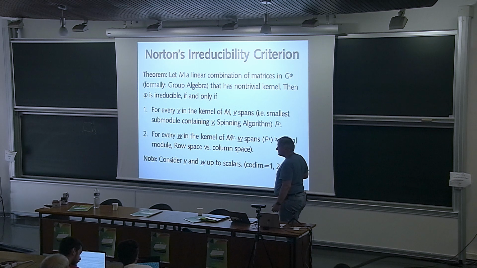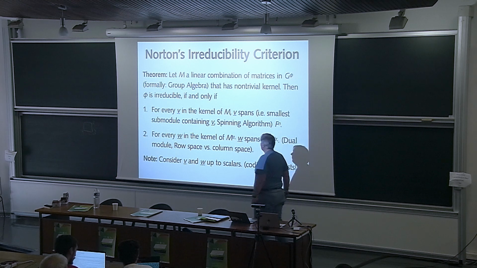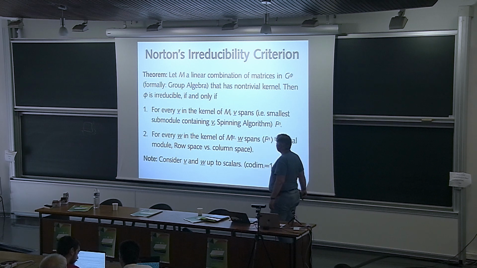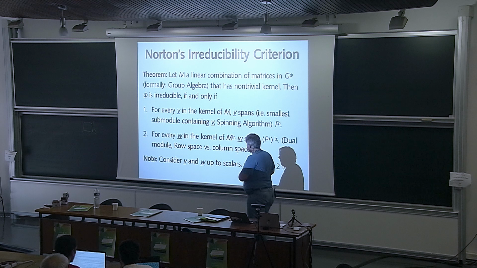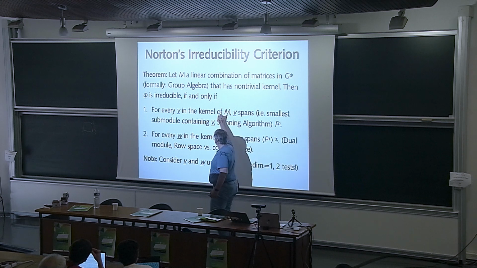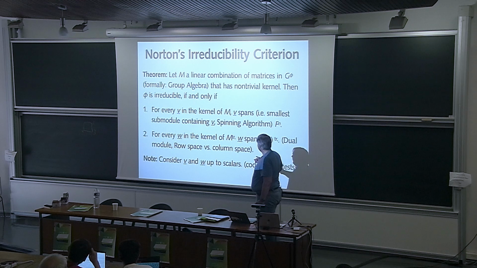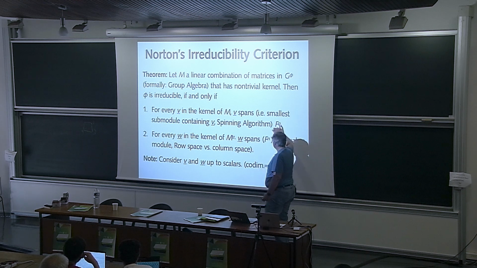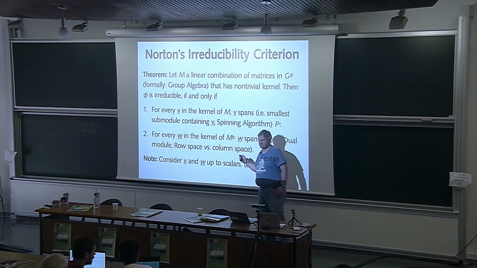Images of group elements never have a kernel, but images in the group algebra can have a non-trivial kernel. And the criterion says the representation is irreducible if and only if every vector in the kernel of M does not span a proper submodule. If I take the submodule generated by this vector, that's the spinning algorithm I mentioned in the last lecture, this submodule is the full module, and the same holds for the transposed matrix.